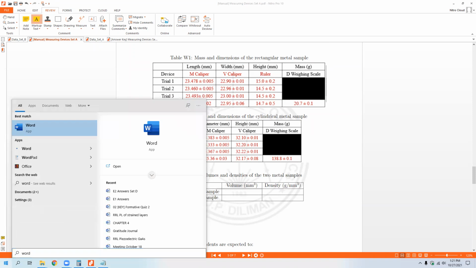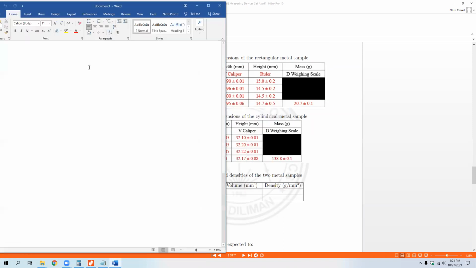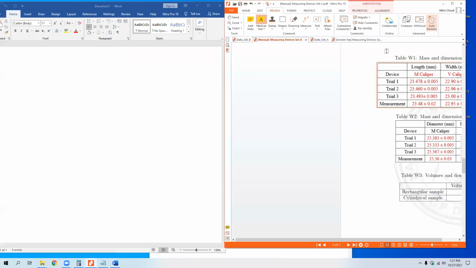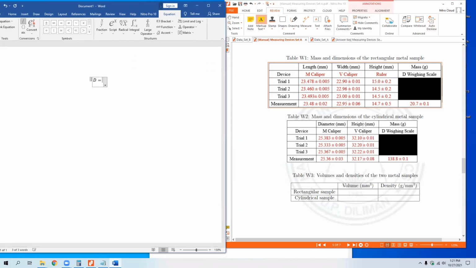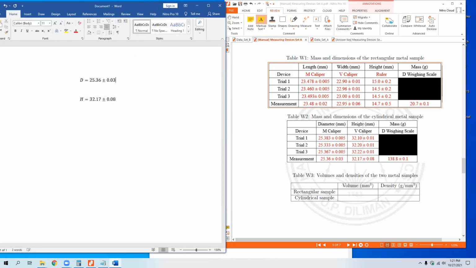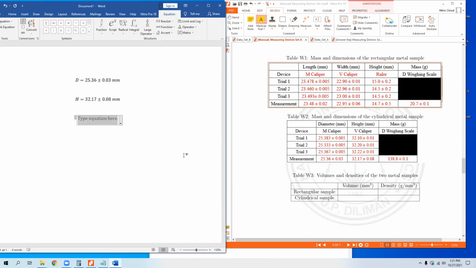So let's create a Word file document. Okay. So using this data, anong meron natin? Diameter, 25.36 plus minus 0.03. Height, 32.17 plus minus 0.08. Both of these are in millimeters. Our mass is in grams, 138.8 plus minus 0.1 grams.